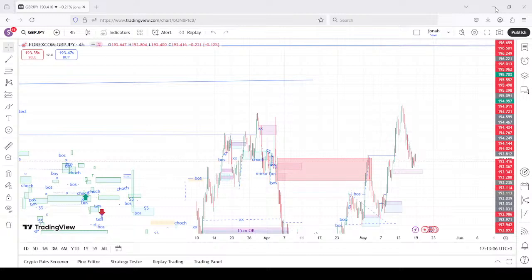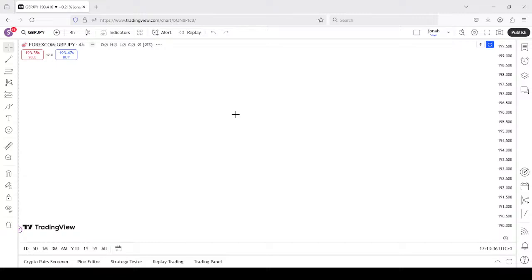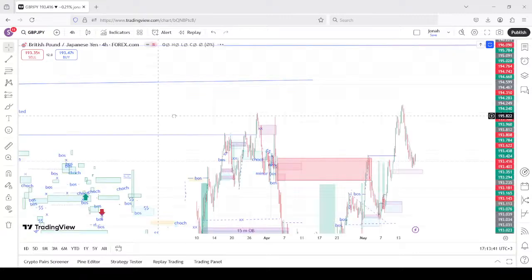I'm still showing you what I'm talking about, the 4-hour, but I don't know why it's failing to download. It's disturbing me. But there is a 4-hour fair value gap that I'm expecting price to rally up to. These days the network on this side is really not so good.